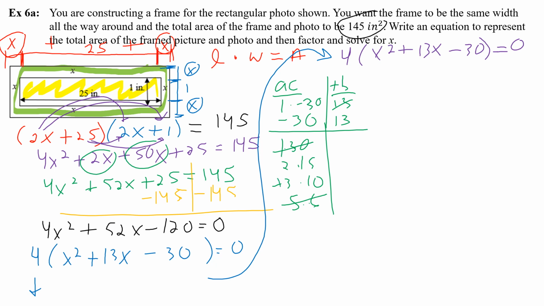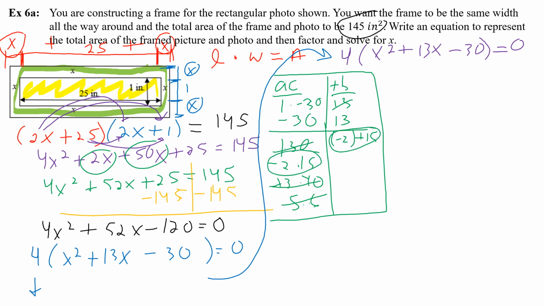So what if I made the 10 negative? Multiplying them would give me negative 30. However, adding them would give me negative 7. So even though 3 and 10 look like a possibility, it might be 2 and 15. If we make the 2 negative times 15, that does give me negative 30. If I do negative 2 plus 15, that does give me 13. So it looks like negative 2 and 15 are going to be the numbers that I want.